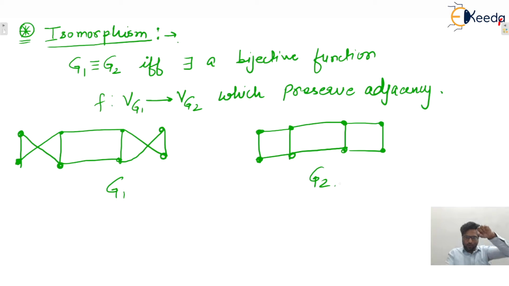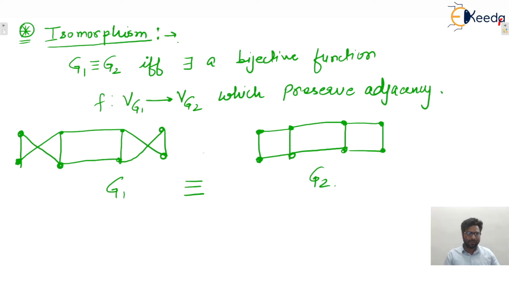Yes or no? Just rotate this one, isn't it? So ultimately these graphs are the same, nothing else. So G1 is isomorphic to G2, isn't it? Structure may look different, but in actual they must be the same. Then we can say that G1 is equivalent to G2, isn't it?